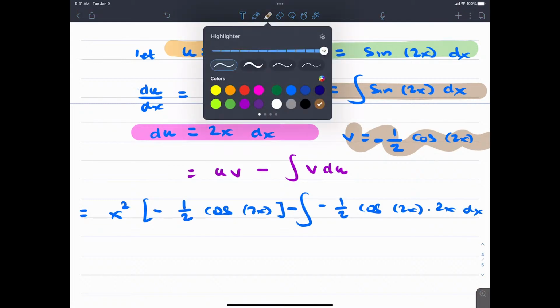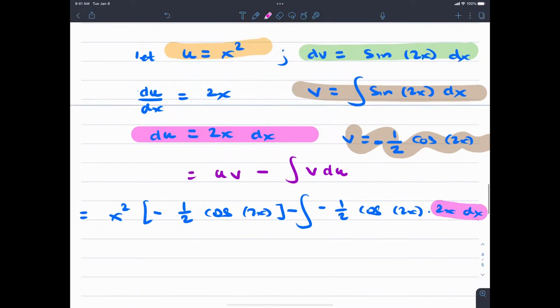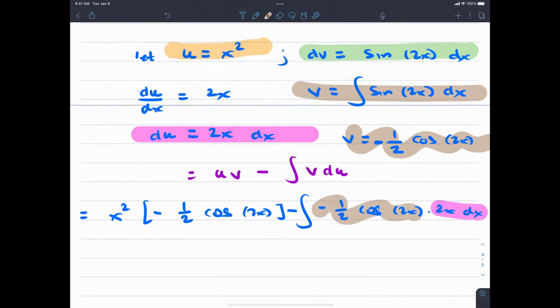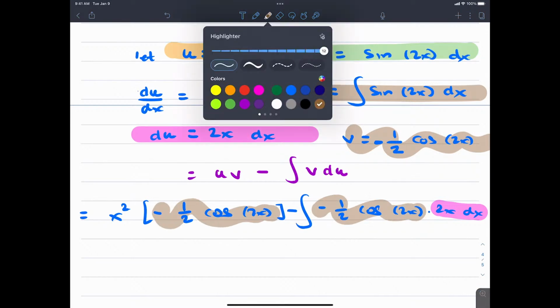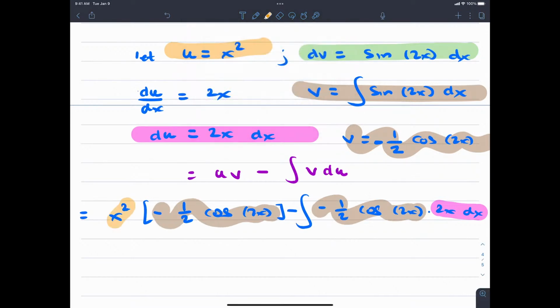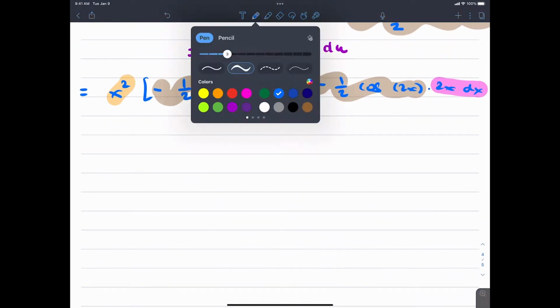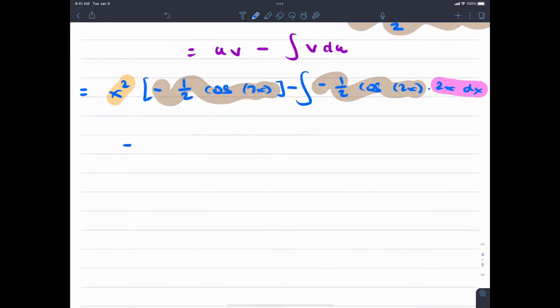So notice I'm substituting here. All right. At this point, you really have to simplify this. Is that 1/2 x squared cosine 2x, right?